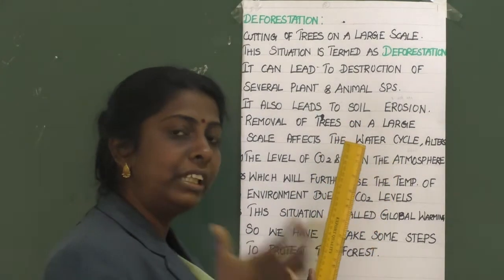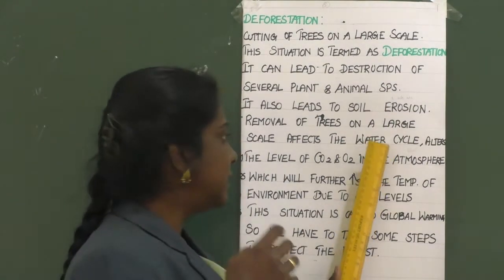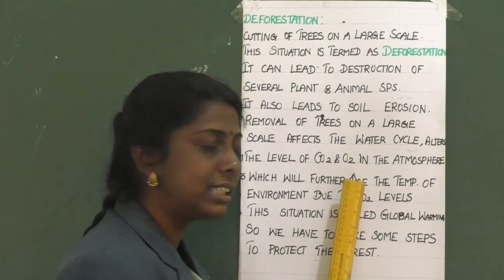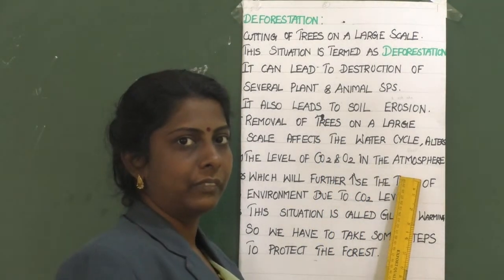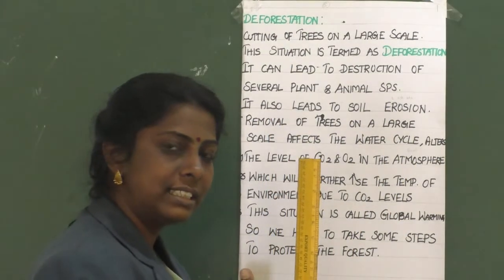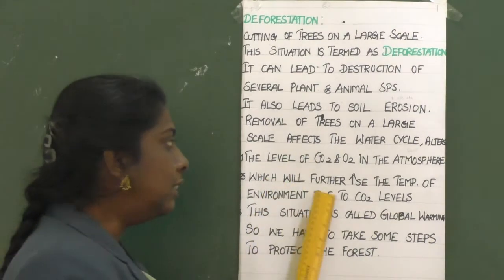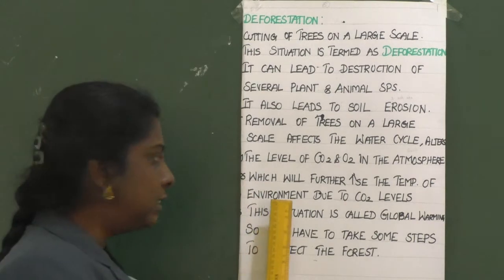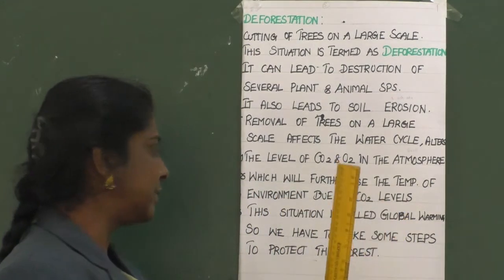So, if you are removing the trees, automatically it affects the water cycle and alters the level of carbon dioxide and oxygen in the atmosphere. That will further increase the temperature of the environment due to carbon dioxide levels.